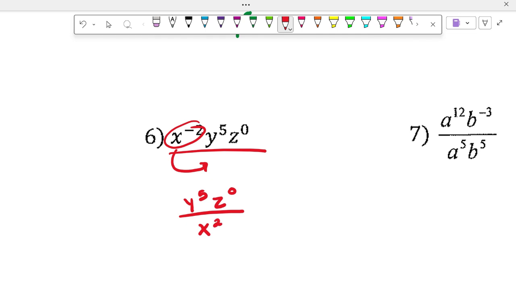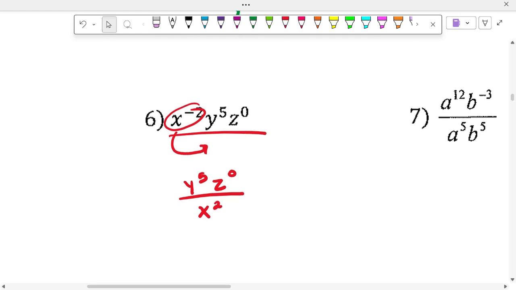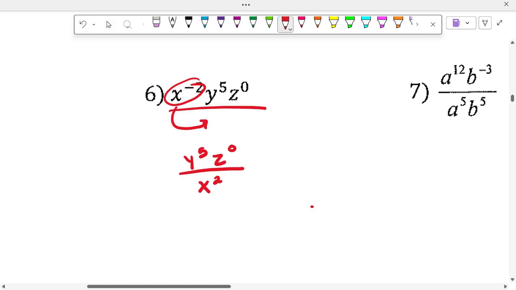And then there's one more thing I can do. Simplify the 0 to the 0, which is what? 1. So since it's 1, remember anything times 1 is itself, so we can just cancel that out. So what's my answer? Good.